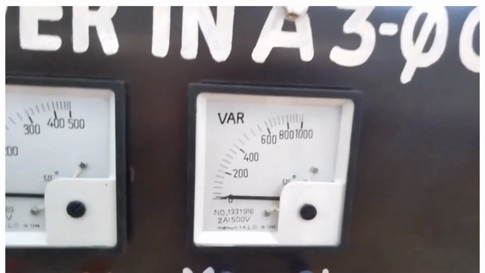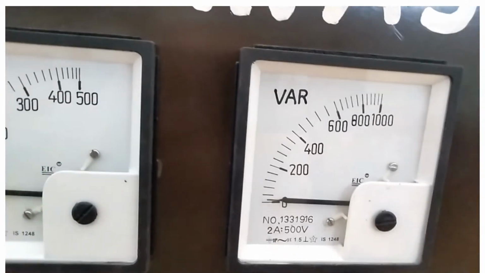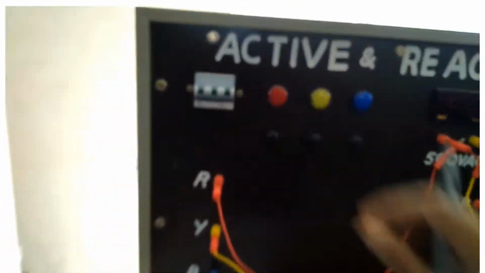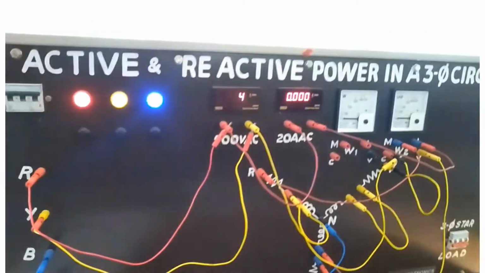Now coming to this 500 volts, we are giving the input voltage less than 500 volts, so there is no need for a multiplying factor. Just remember that. Now let us switch on the supply here. Okay, now we can vary here.